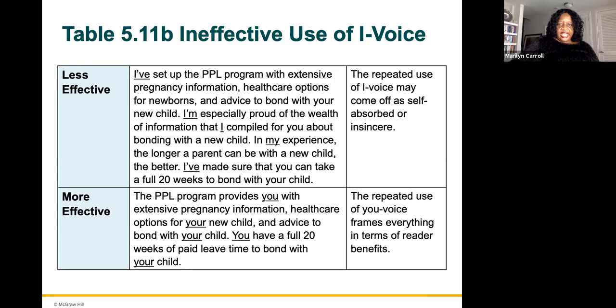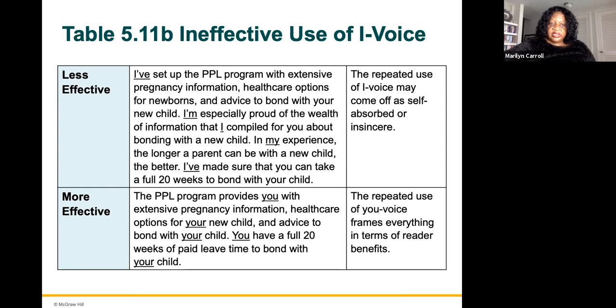Okay, now let's look at I and how we could be using that wrong. Here you go. I've set up the PPO program with extensive pregnancy information, healthcare options for newborns, and advice to bond with your new child. I'm especially proud of the wealth of information that I compiled for you about bonding with a new child.